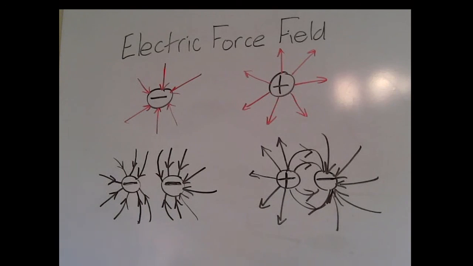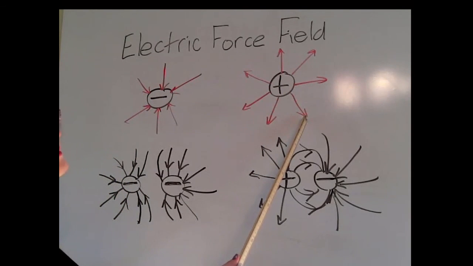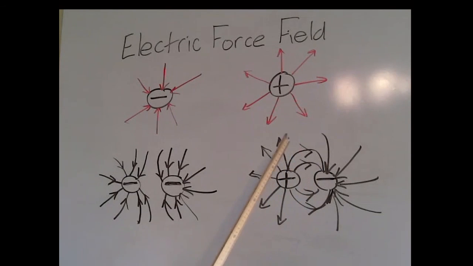Okay, so what I've talked about is the electric force field, and what you need to understand about electric force field lines is that they always end on negative charge. They extend out from infinity, end on negative charge, and are drawn away from positive charge out to infinity.